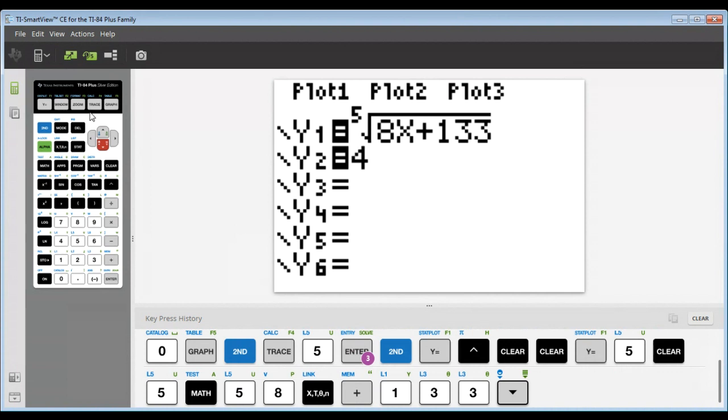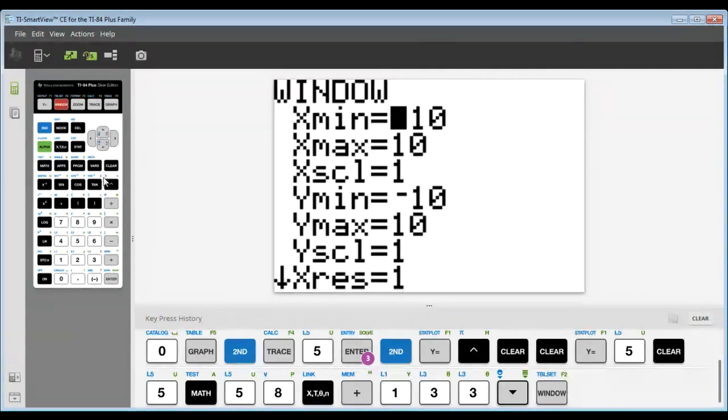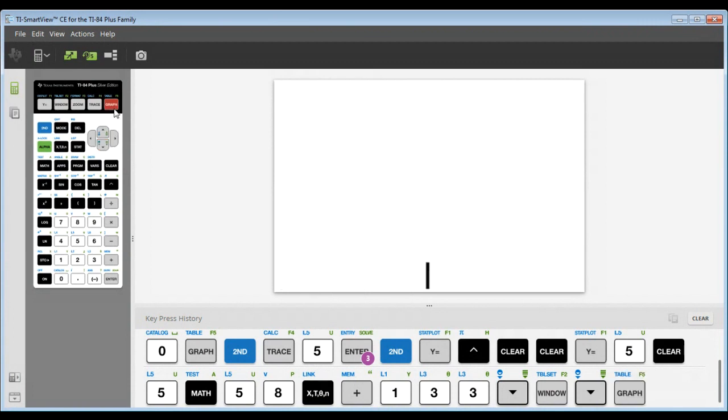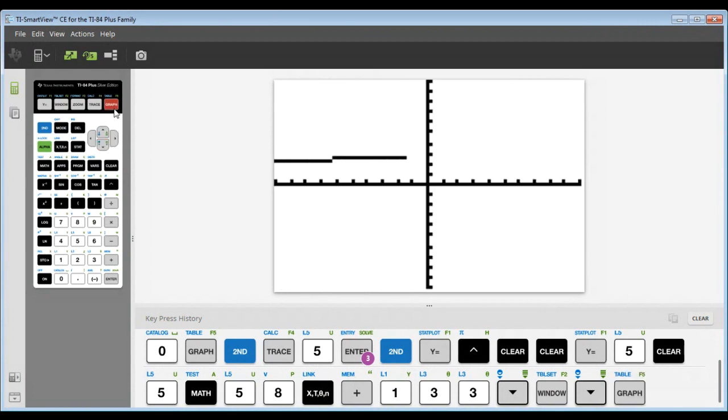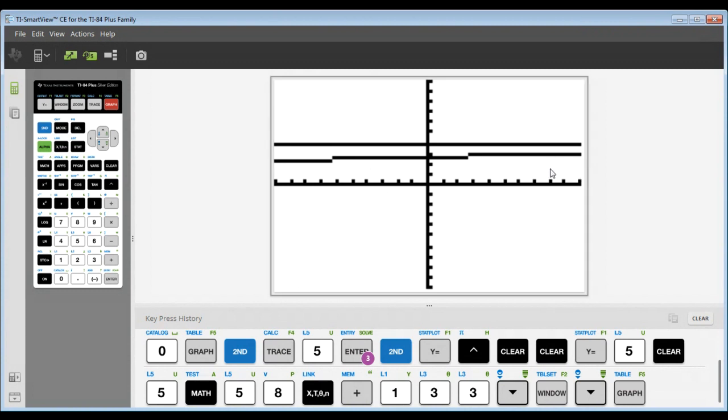Now let's check window. I have a standard window, that is fine. So let's graph and see what we get from the standard window. If you look at this, you could see that the line keeps going, and the graph also keeps going.